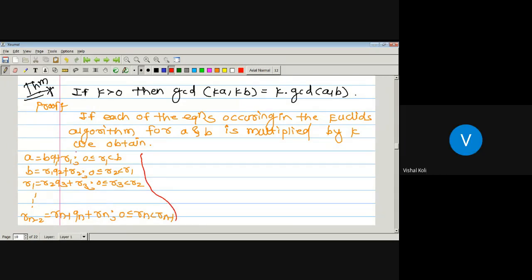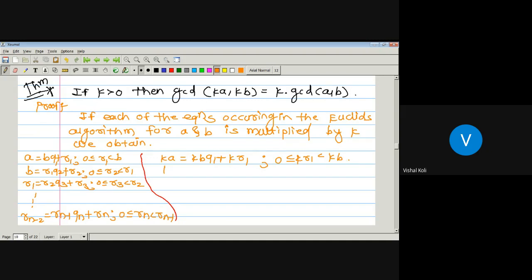Now we have to multiply all these equations by k. So the first one is k times a is equal to k into b into q1 plus k times r1, where 0 is less than or equal to k r1, which is strictly less than k times b.